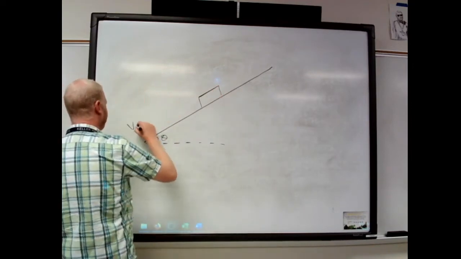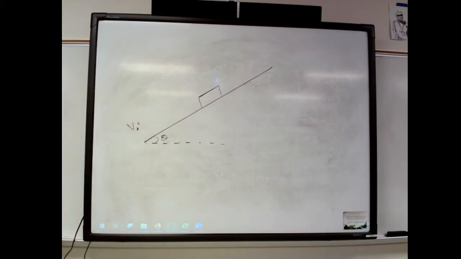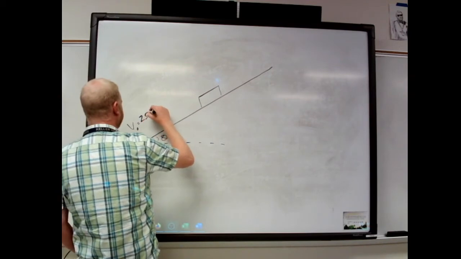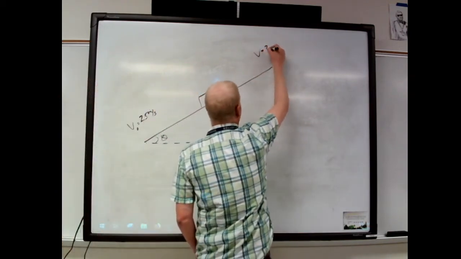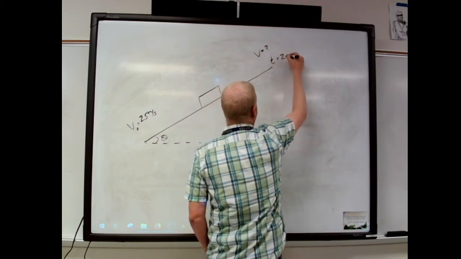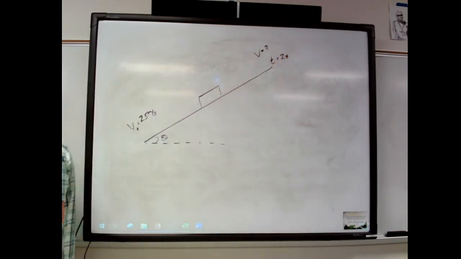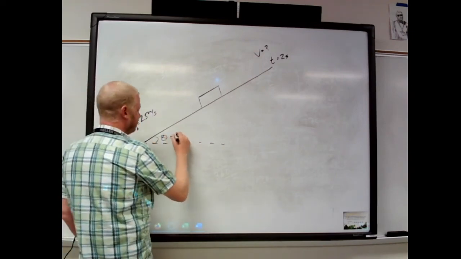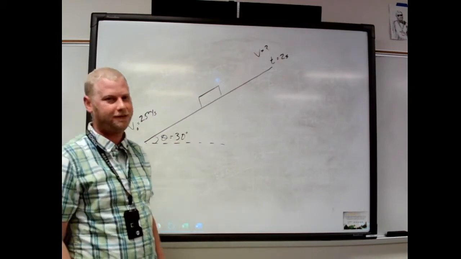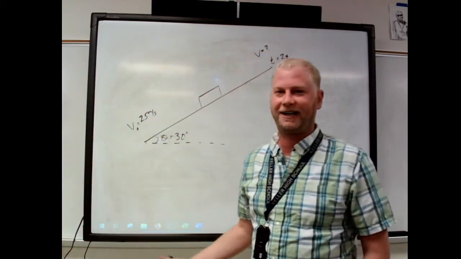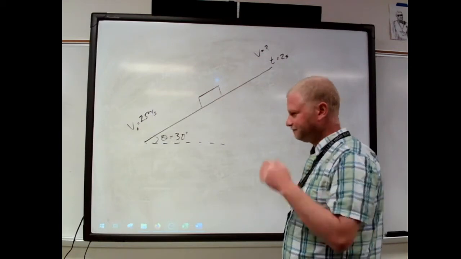We're also told that it approaches this hill with an initial velocity of 25 meters per second. And we want to know our final velocity up here, given the fact that it takes 2 seconds to make it there. And we're also given the fact that the slope, that the incline, is at 30 degrees.